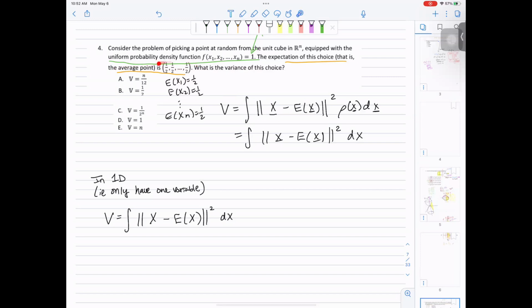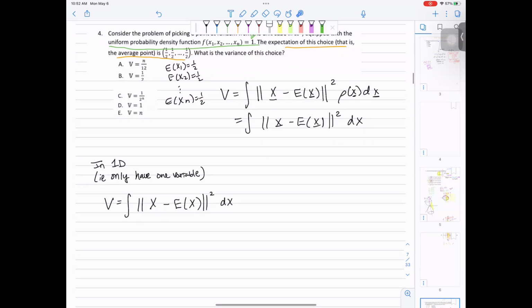The expectation of (1/2, 1/2, 1/2) means that the expectation in every single variable is 1/2. So if I only live in 1D space, this will be the length of x minus 1/2, squared, dx.